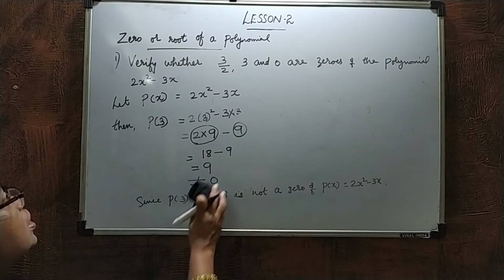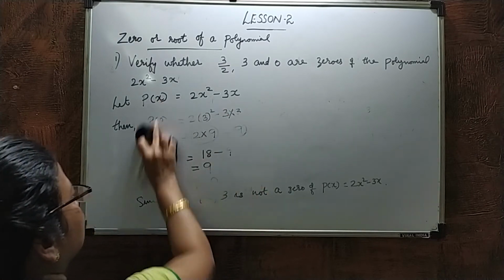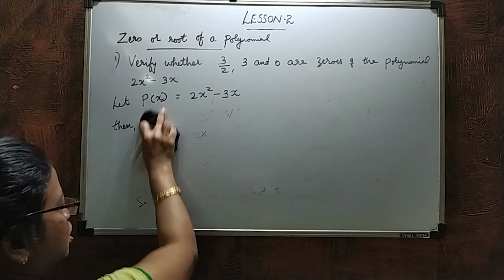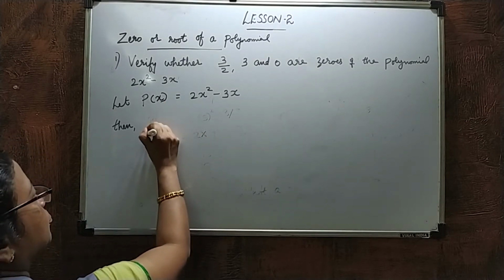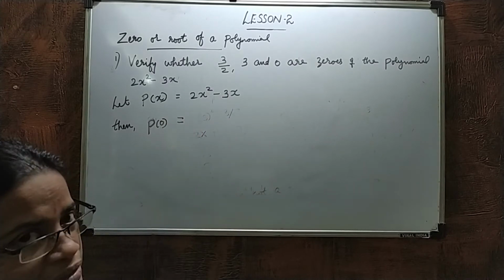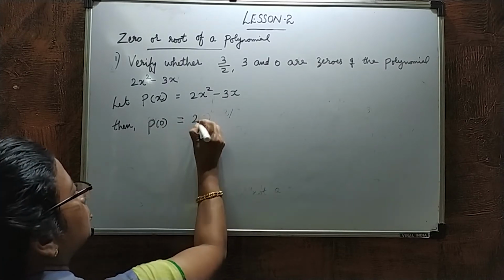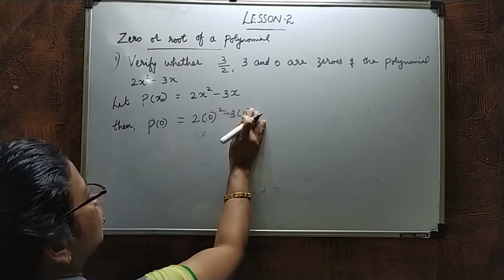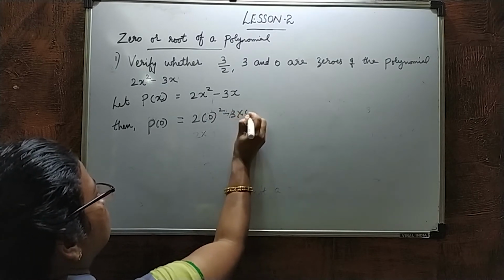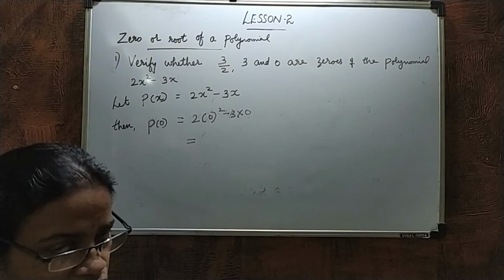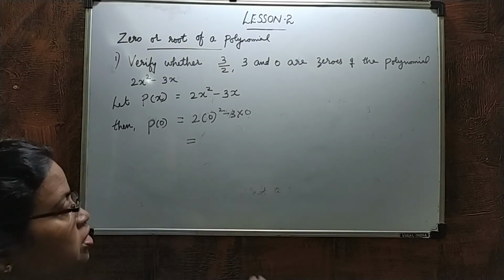Then one more thing is there, P of 0 we have to find out. So just substitute 0 instead of x there. Okay, so P of 0. Just substitute then. It is 2 into 0 square minus 3 into 0. Then it will be what? 2 into 0 square, 0 into 0, 0. 0 into 2 is 0.